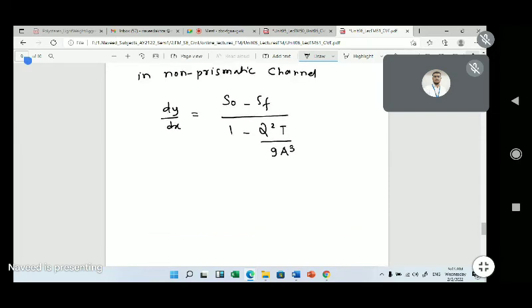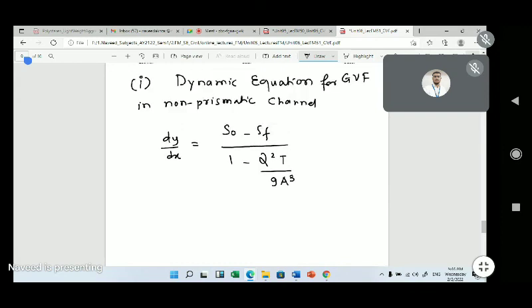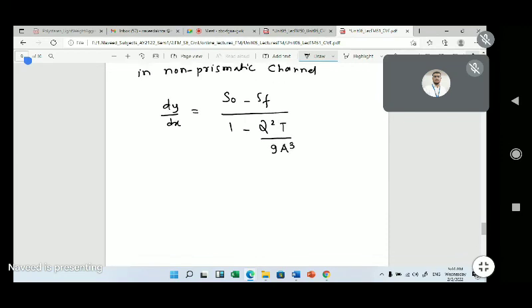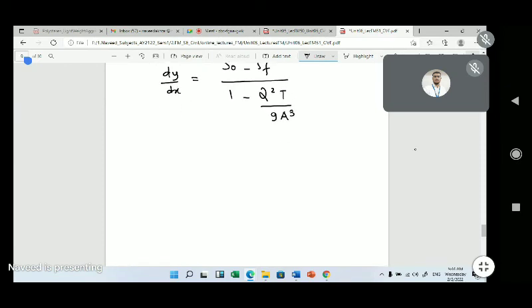This equation is very useful for solving problems and for making the profile of the flow for the non-prismatic channel. Here you know that SF is the slope of your total energy line, and SF dx is nothing but loss due to friction.